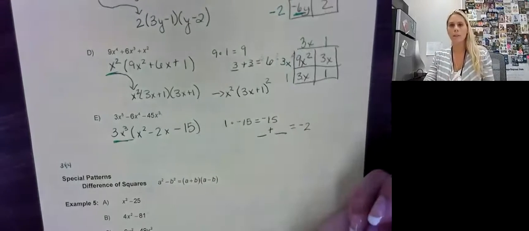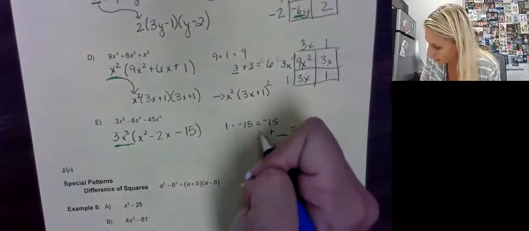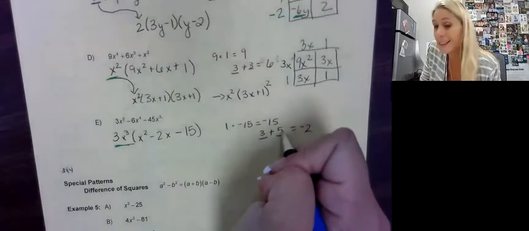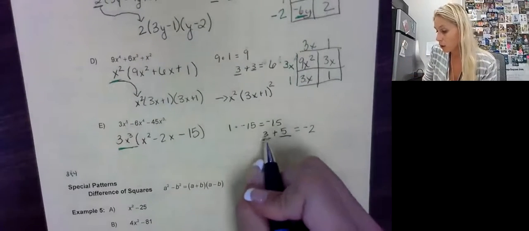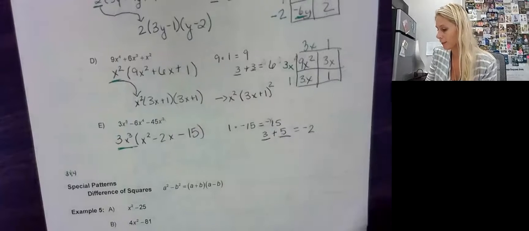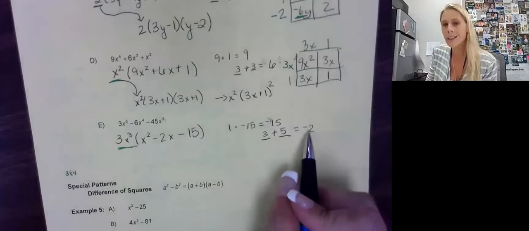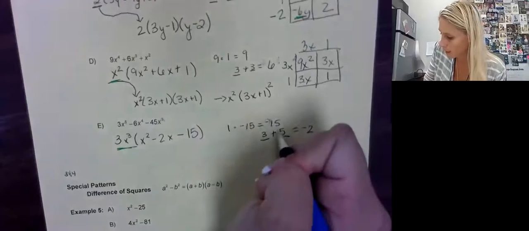So how can we make 15? 1 and 15, 3 and 5. 3 and 5 make 2, right? 3 and 5. And the reason why I said make 2 is because I'm thinking subtraction. So, which is good because we know one's positive and one's negative since this is negative 15. But we want a negative 2. So which one of these is negative? The 5.